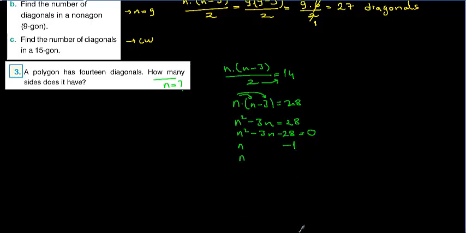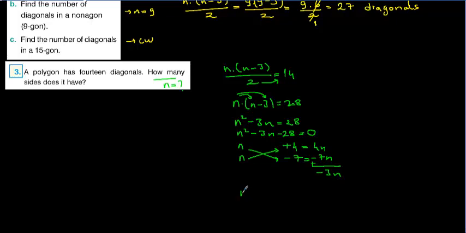It's 4 times, I think, plus 4 and minus 7. The sum is minus 3 and the product is minus 28. Yes, this factorization is true. Crossly, when you multiply, it's equal to 4n and minus 7n. The sum is equal to minus 3n.